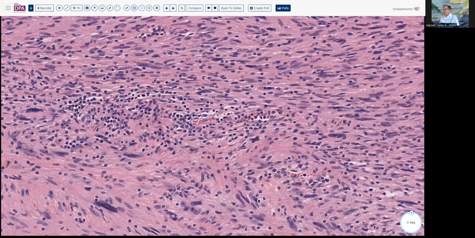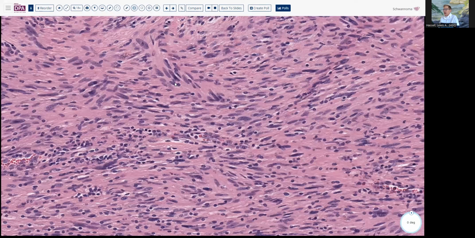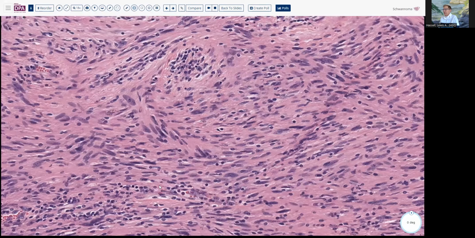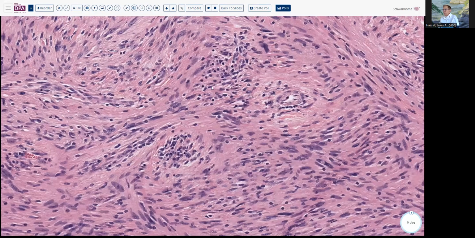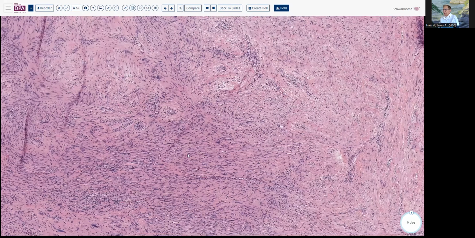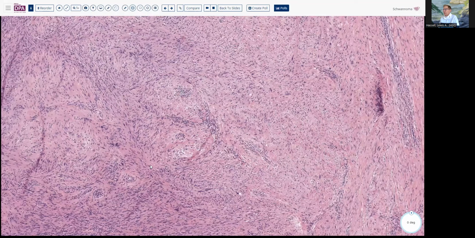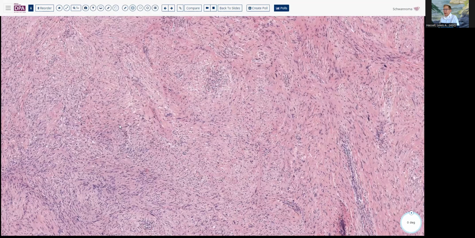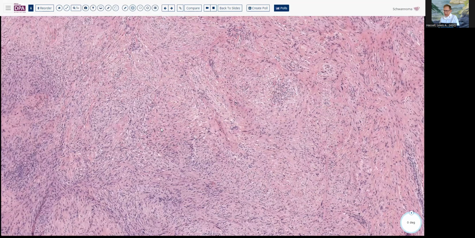As we search through this, it's extremely uncommon to find any evidence of mitoses.